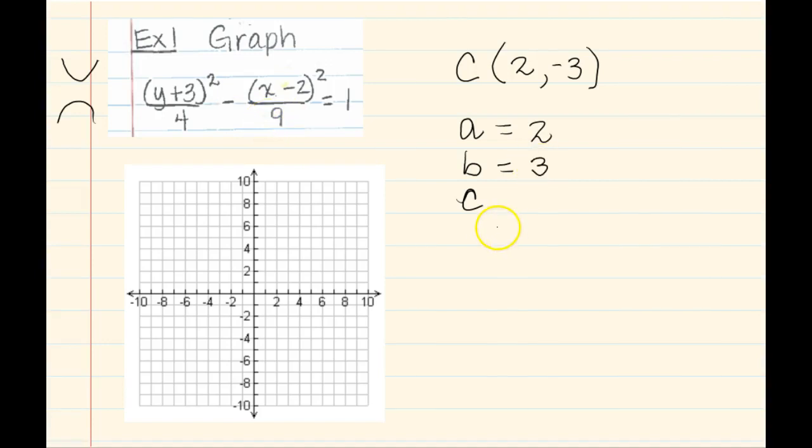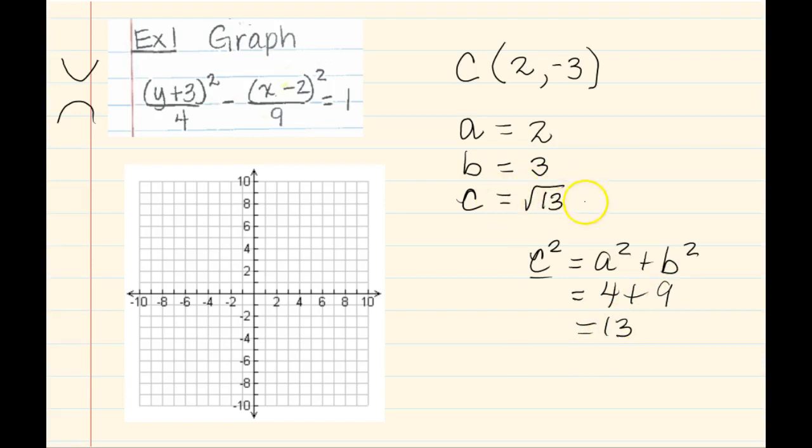To find little c, we're going to use the relationship that c squared is equal to a squared plus b squared. Remember, we want c to be bigger than a, so that's the reason why we're adding. So a squared is 4, b squared is 9. When we add them, we get 13. So c is the square root of 13. Because we're graphing, we need to estimate that as 3.6.